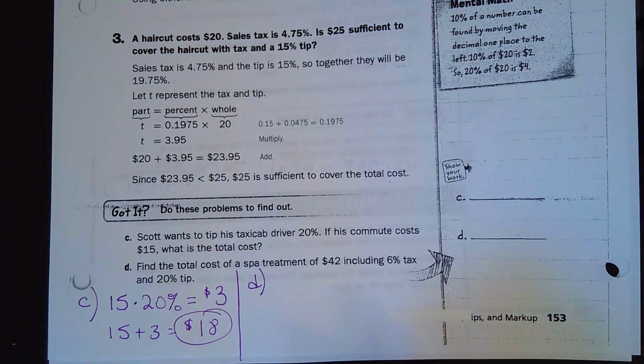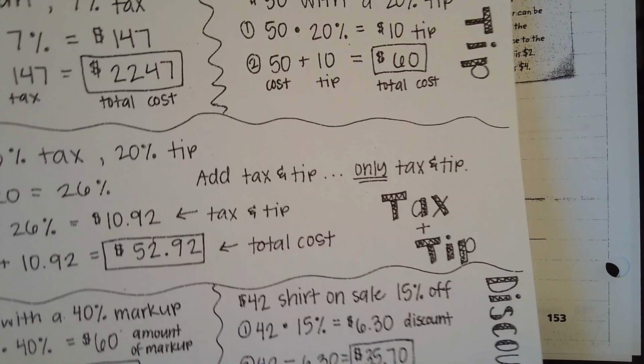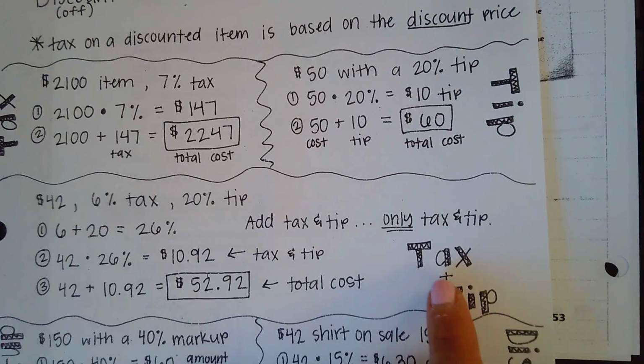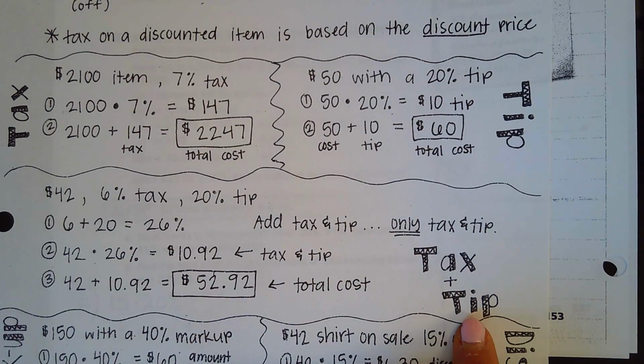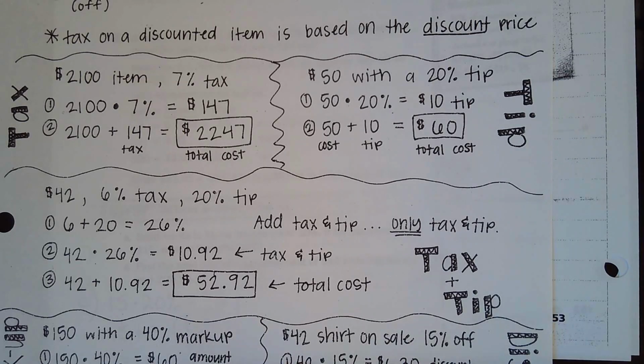Letter D. Find the total cost of a spa treatment of $42, including 6% tax and 20% tip. Now, if you look at your notes page, there's a section on tax and tip. When you have tax and tip, and most adults even don't do this, I know I'm guilty of it, people just look at the restaurant bill or whatever it is and tip on that amount.